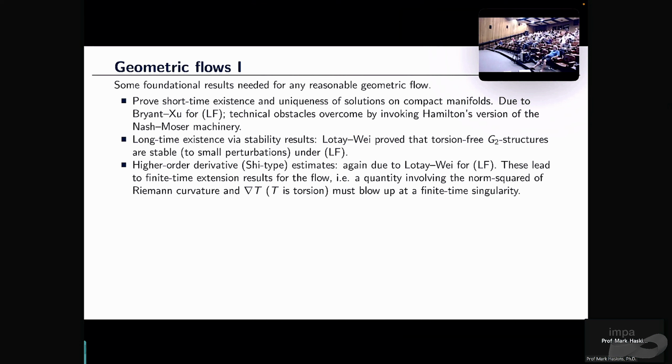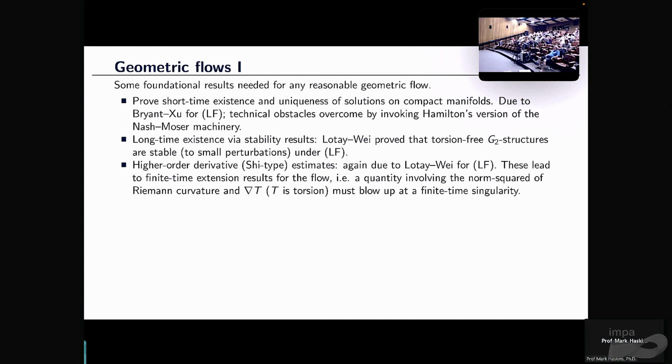So in the Ricci flow case, this was due to Xi. In Laplacian flow, there's an analog of those, again, due to Lotte and Way. And those can be important because they can lead to finite time extension type results.